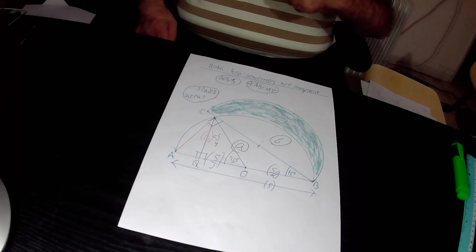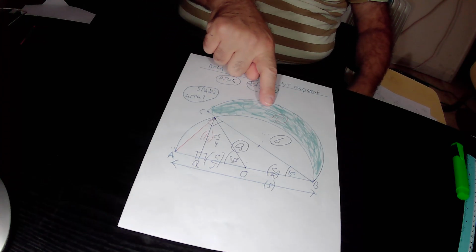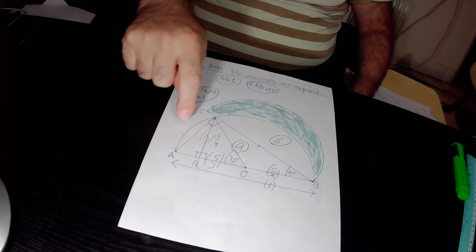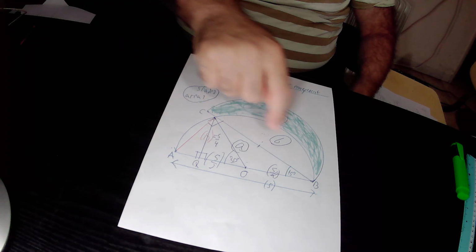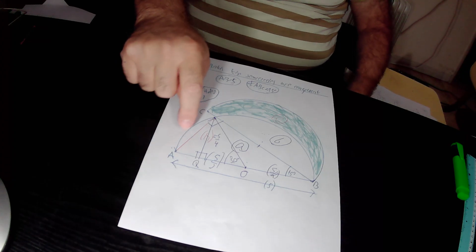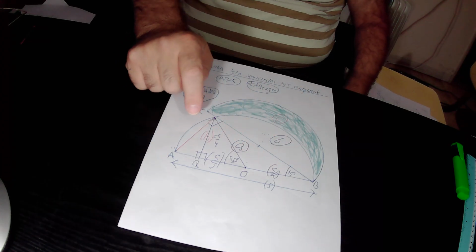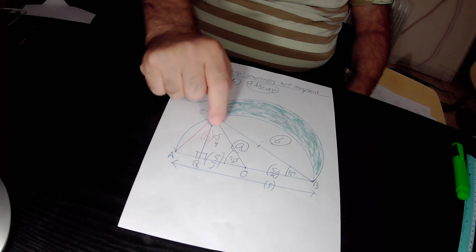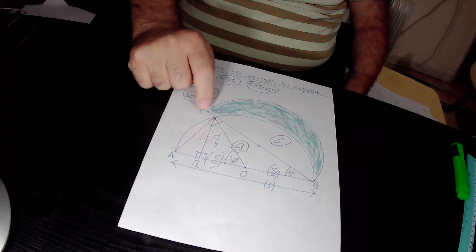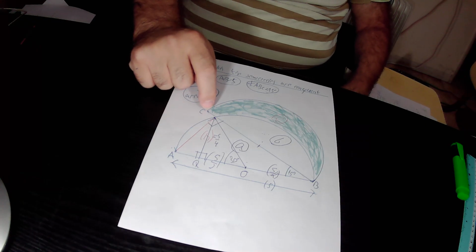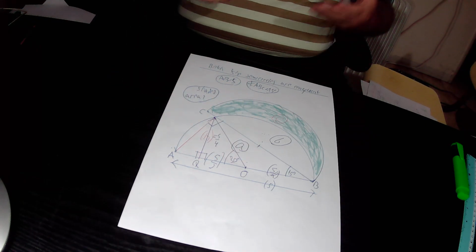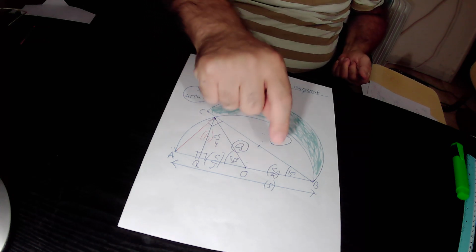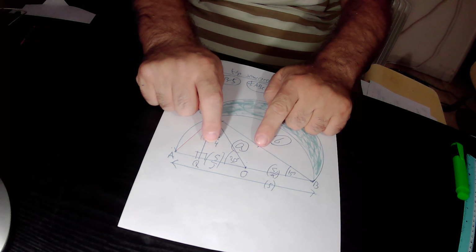And as I mentioned before, the shaded area is equal to this shape APB. This shape APB consists of two smaller shapes: the triangle POB, and the sector POA. Therefore, the area of the big shape must be equal to the sum of the areas of those two smaller shapes.